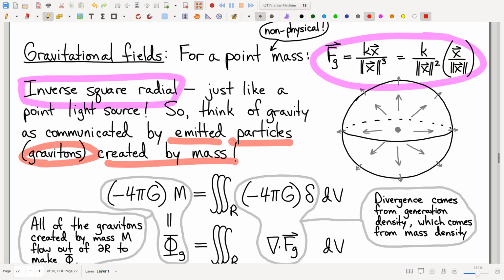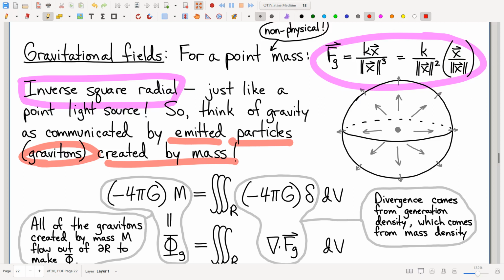Now, I've made some observations in the past. I like the little phrase, if it looks like a duck, quacks like a duck, it might be a duck, right? It's not necessarily a duck, but it behaves like a duck, so you can treat it like a duck, and it'll always lead you in the right direction, right? And I think this is a pretty good idea. All exceptions granted.